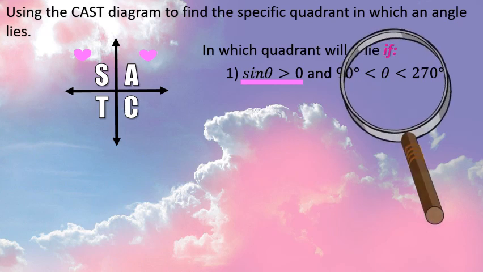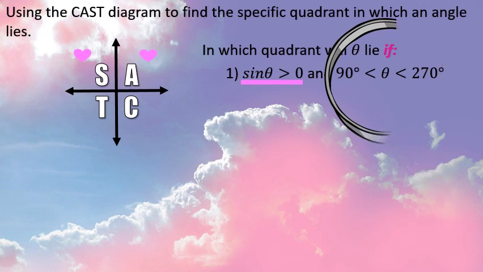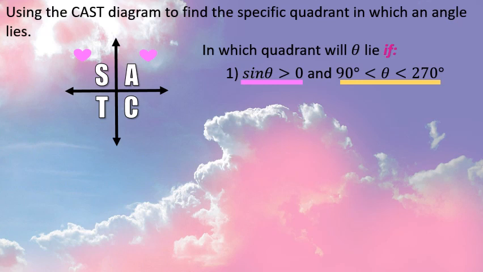Let's whip out our magnifying glass, be a detective, and think, where else can I get a clue? How is this information going to help me? Well, it says theta is bigger than 90 degrees, but smaller than 270 degrees. Let's imagine that we are an angle rotating through this Cartesian plane, rotating through 360 degrees.